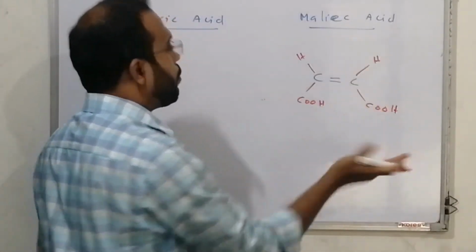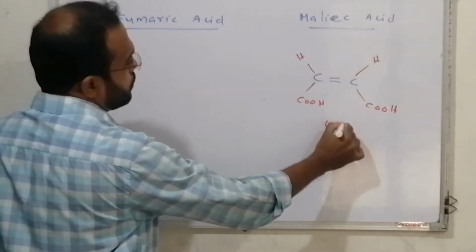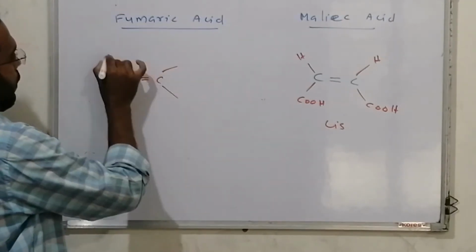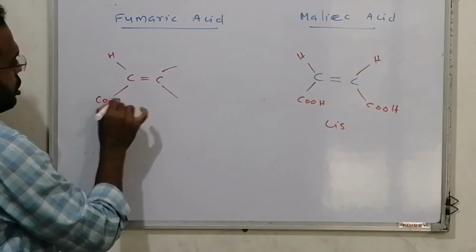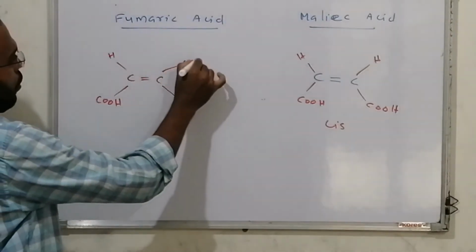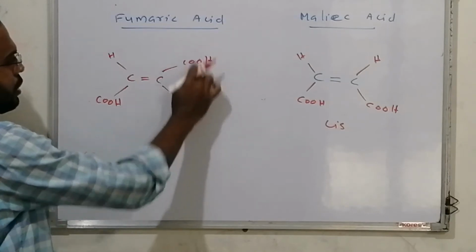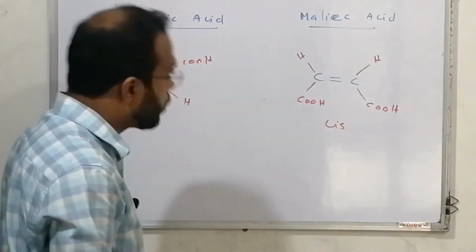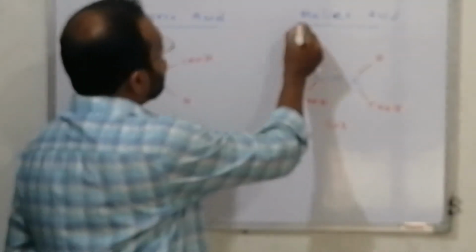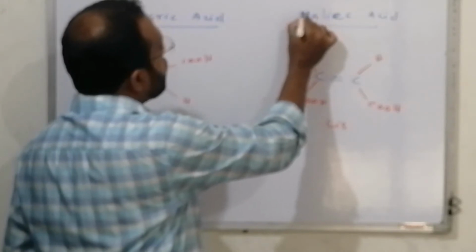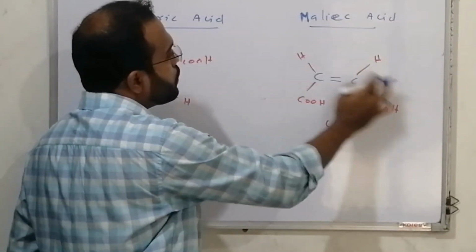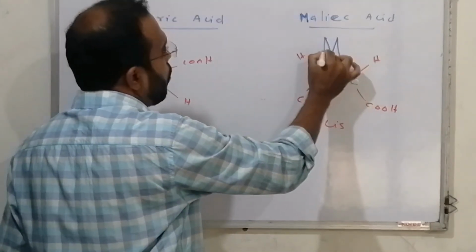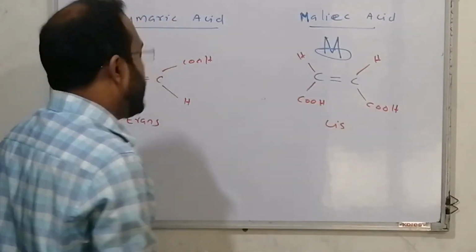These two groups are same, no problem. This is what we call cis. Here fumaric acid: H, COOH. We are checking these two are different, these two are different. This is called trans. Nomenclature will be discussed later. In the case of maleic, all groups are on the same side, therefore same groups are on the same side. Just remember M, we write M like this. Maleic.